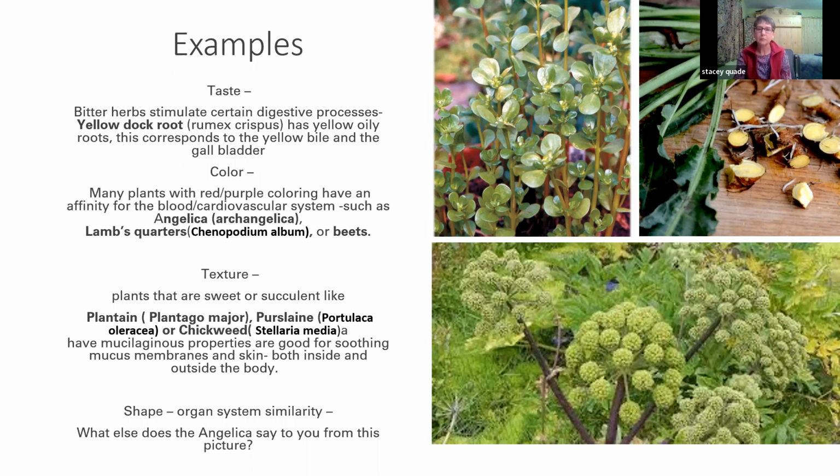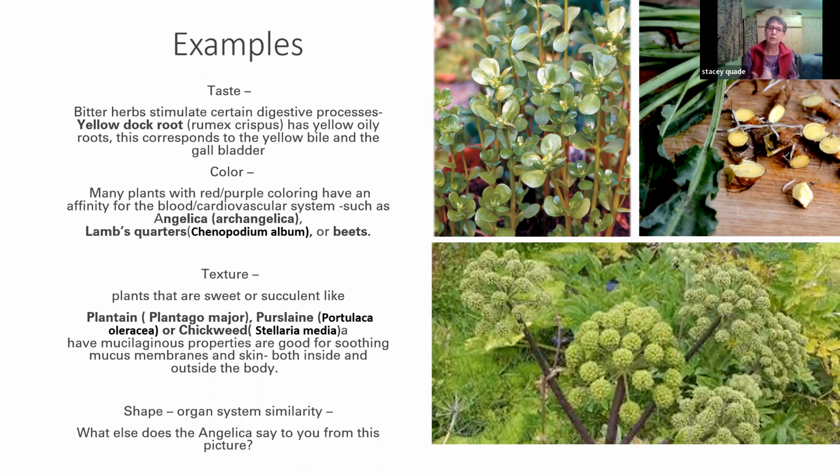And as the leaves are coming up in the springtime, they also have kind of a reddish vein in the leaf. Lamb's quarters, which I actually don't have a picture of up on this page, is also another one that has a very red stem, and beets, food coloring, all very good for your cardiovascular system.